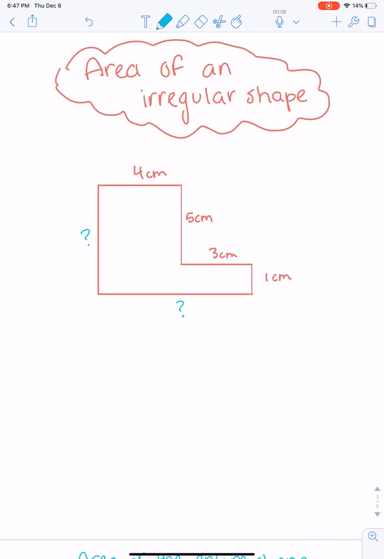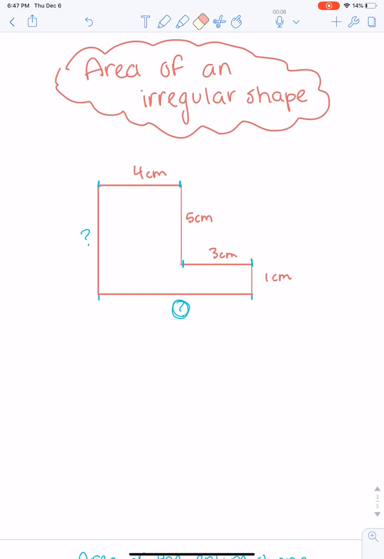Let's start off with this side. I'm looking for a length that's this long. If I look across the shape, I can see that this line plus this line is going to equal the same amount as my missing side here.